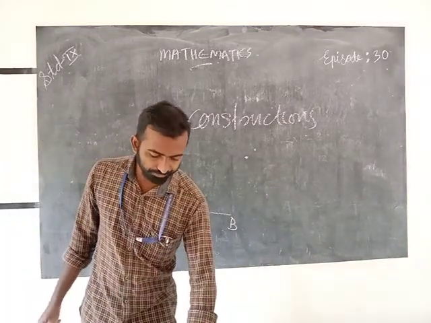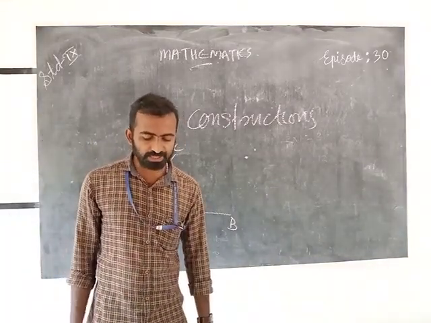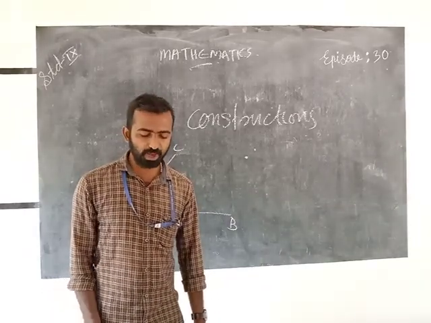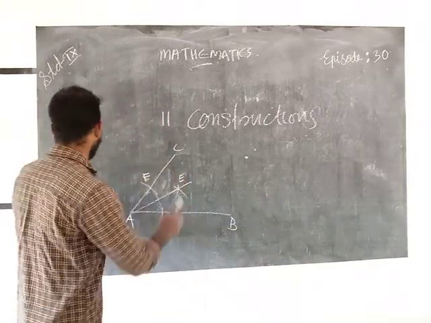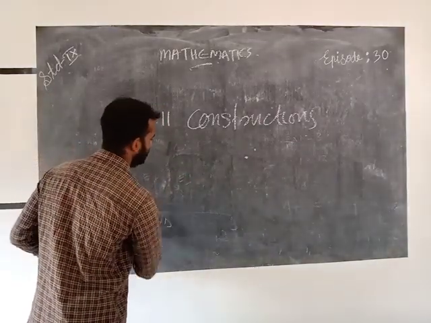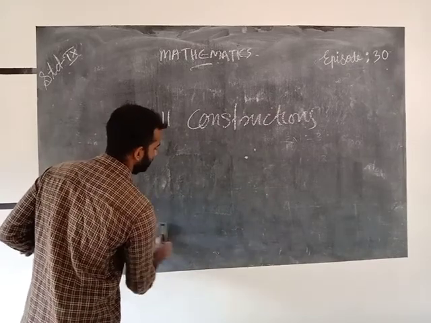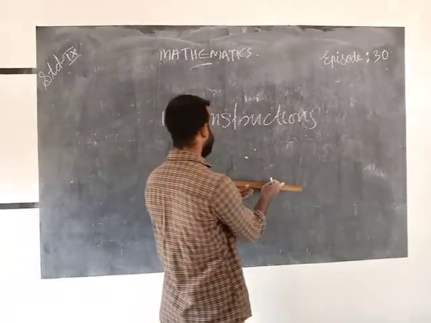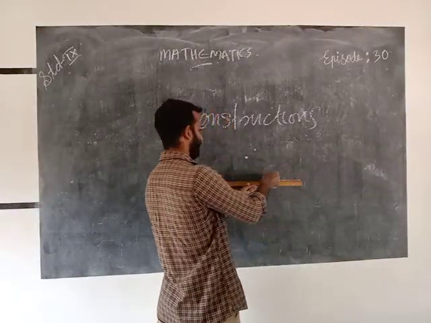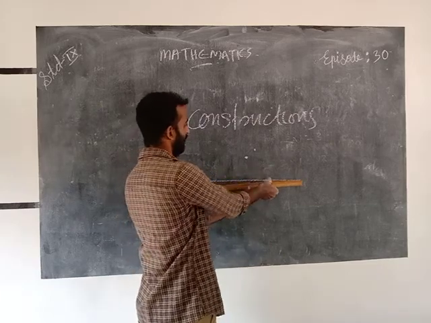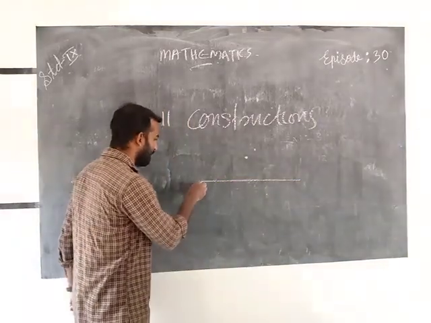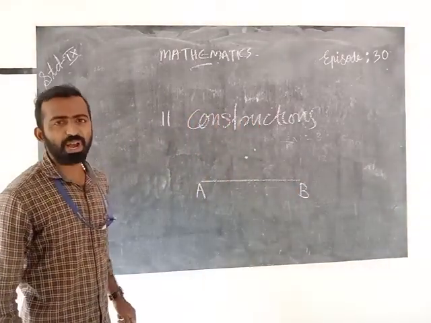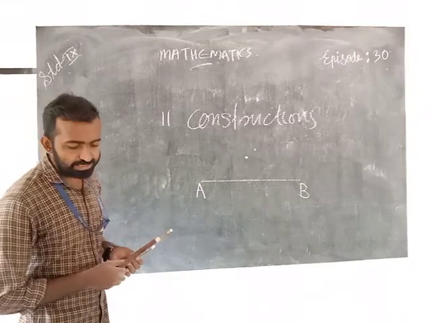The second is to construct a perpendicular bisector of a given line segment. Here we make a line segment named AB, and we want to draw its perpendicular bisector.